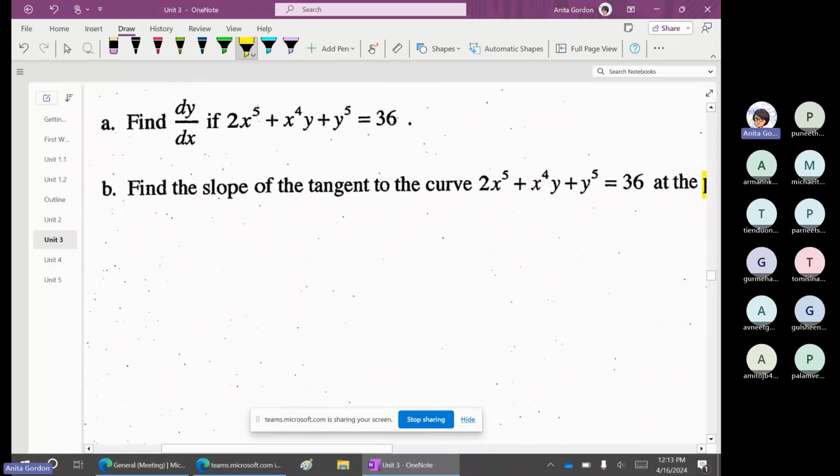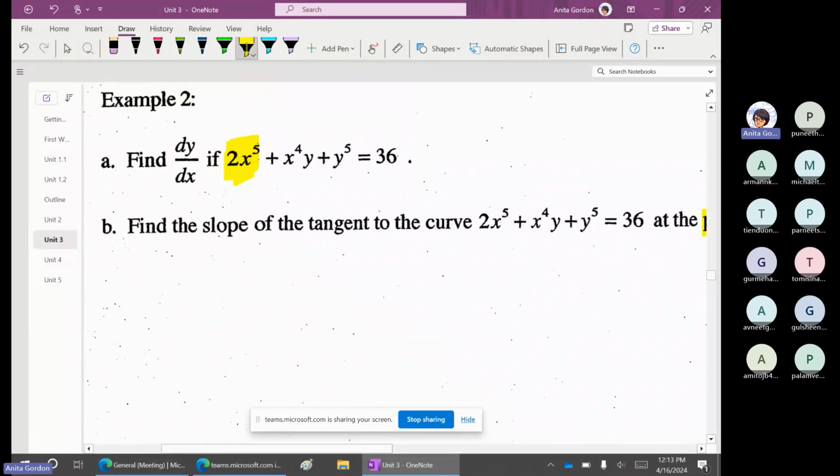Things I need to notice. This is a function of x. This is x times a function of y. This is also going to give me the product rule because I have two different functions of x. I have a power of x and I have a function of x.